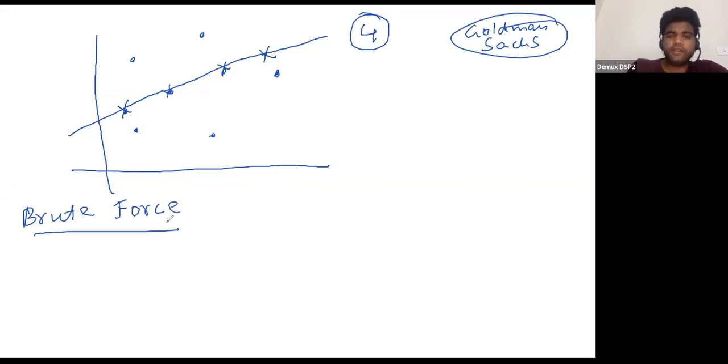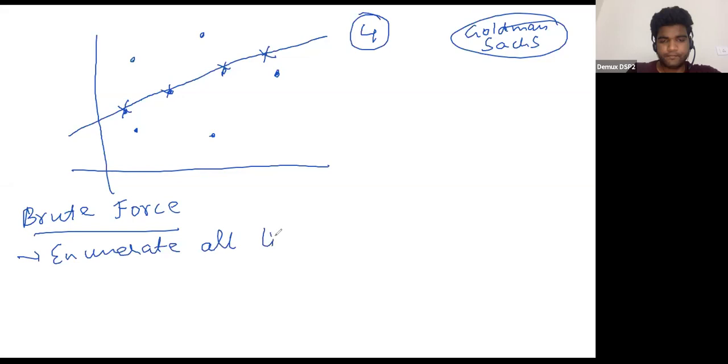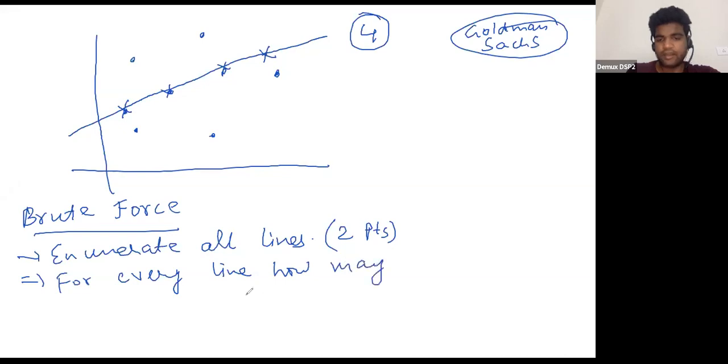So the brute force way of doing it is basically you enumerate all lines, right? A line can be enumerated by just 2 points. And for every line, you can find how many points lie on that line. So you consider every pair of points and the line that passes through those 2 points.